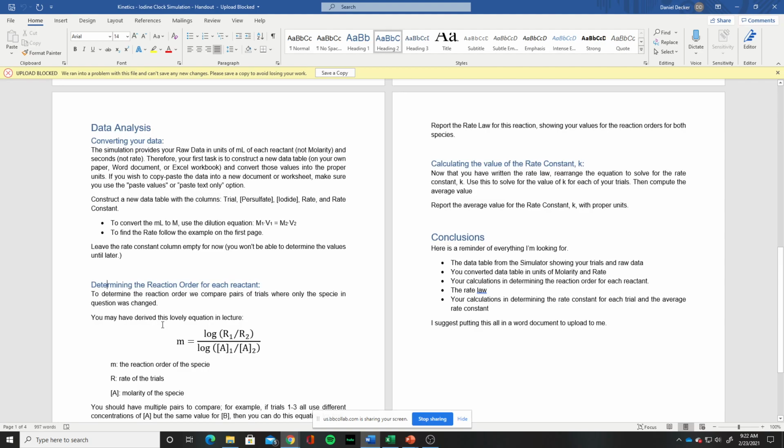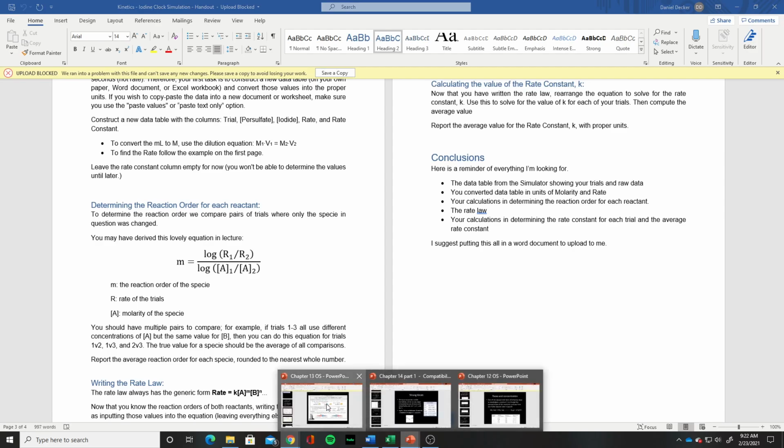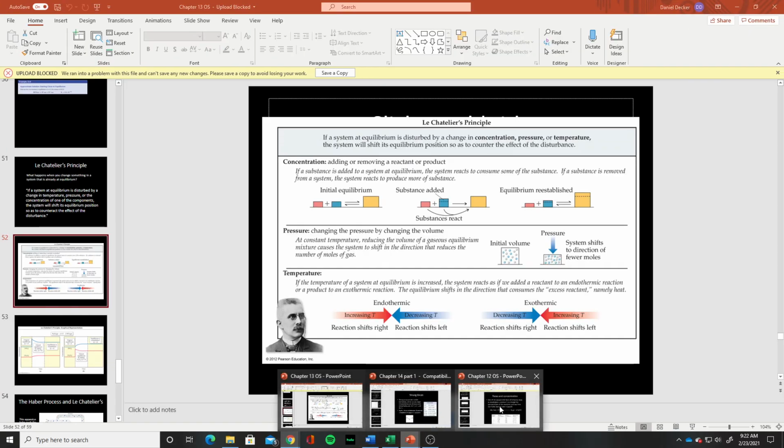So then we have determining the reaction order for each reactant. To determine the reaction order, we compare pairs of trials where only the species in question has changed. So it says you may have derived this lovely equation in lecture. We did not derive that in lecture. We just looked at examples that were simple enough we didn't need an equation. But the way this equation works is, if you remember back, oops, not that one, this one.